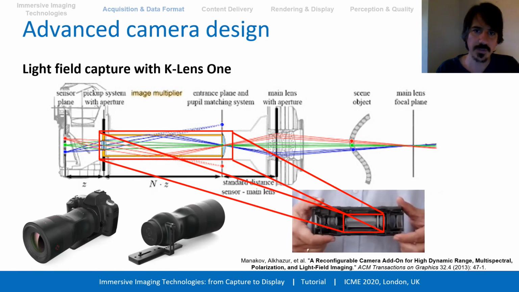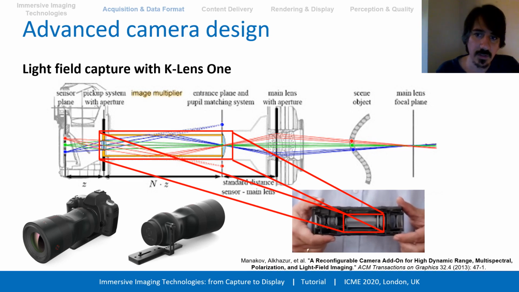So now that we've seen some examples of systems based on 2D cameras, we're going to see some more advanced designs which allow to capture the different immersive imaging modalities that we consider in this presentation in a single shot, and potentially allow video capture. So this first example is developed by a startup company named Cadence and is based on the paper cited at the bottom.